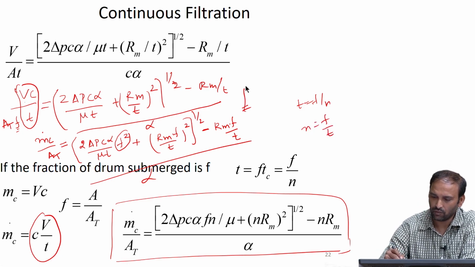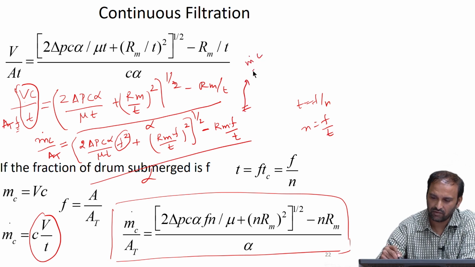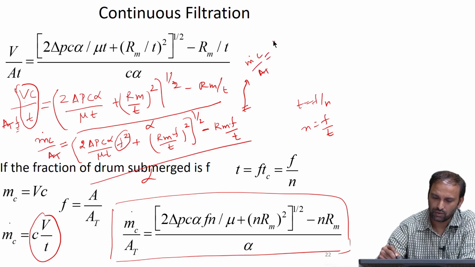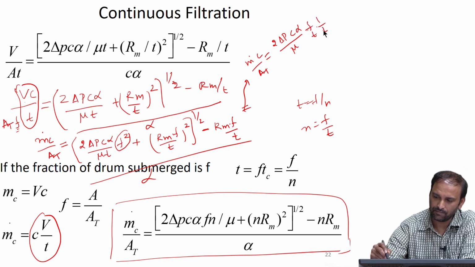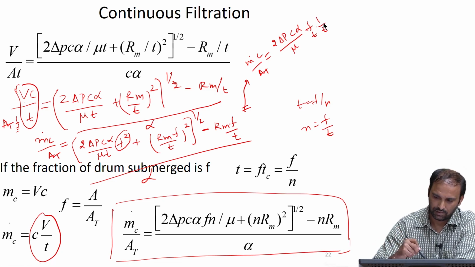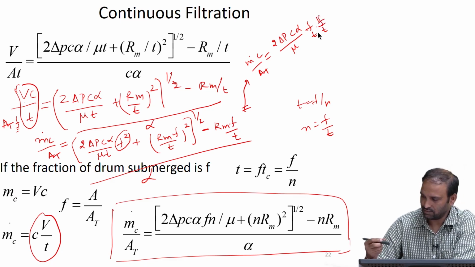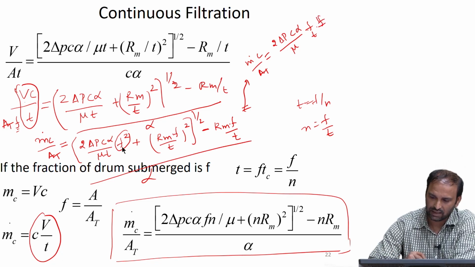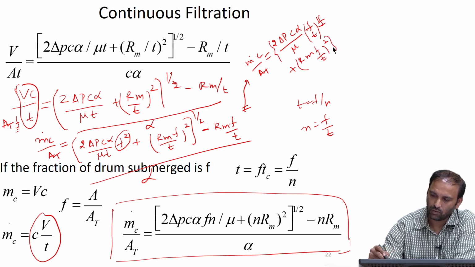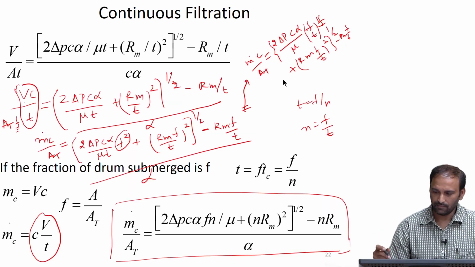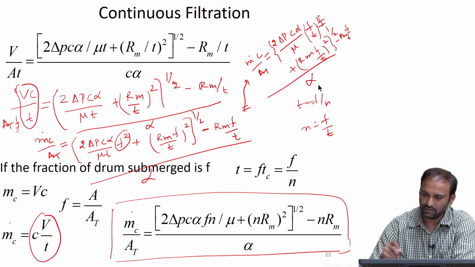Therefore, what I can do is I have m dot c divided by At equal to 2 times delta p c alpha into mu into f by t into f, that is f square, plus Rm into f by t, whole square to the power of 1.5, minus Rm into f by t, whole divided by alpha.